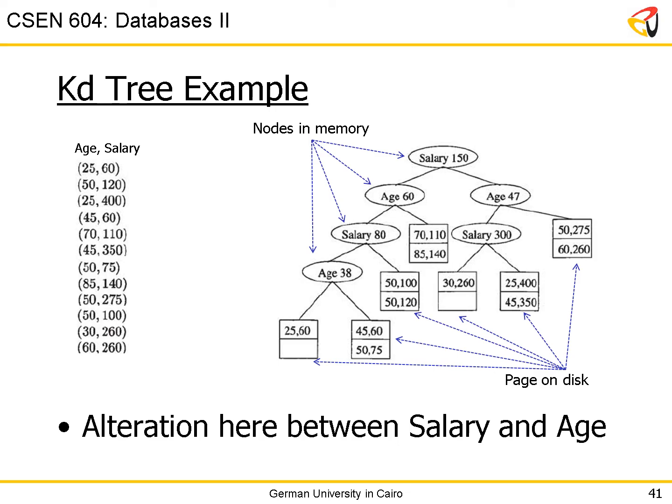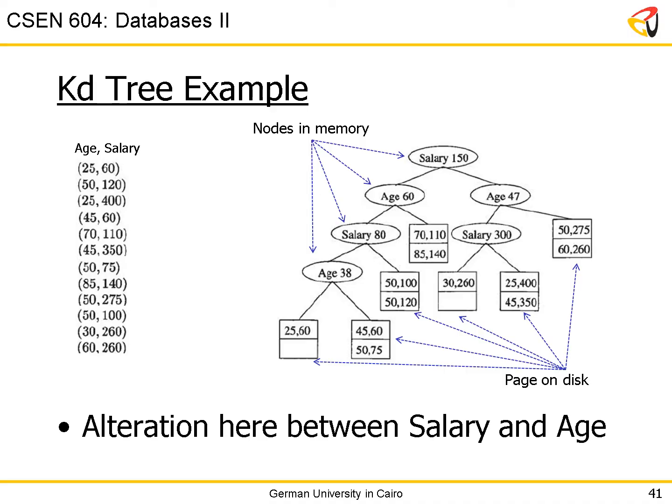As always, it just complicates the slides for me, so I omit them, and I mention them in the explanation that it's not just 70, 110. There will be a reference, an address of where is that row that has 70 and 110. Where is that row in the table? Which page and which row in that page? Okay, so that is not really visible here.